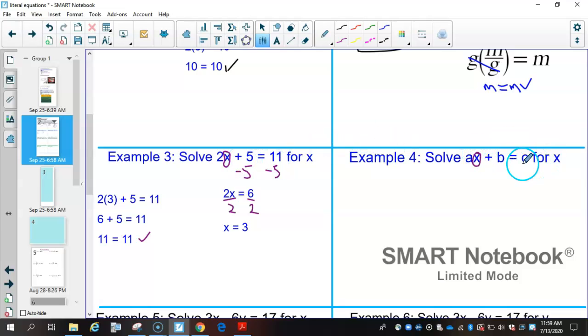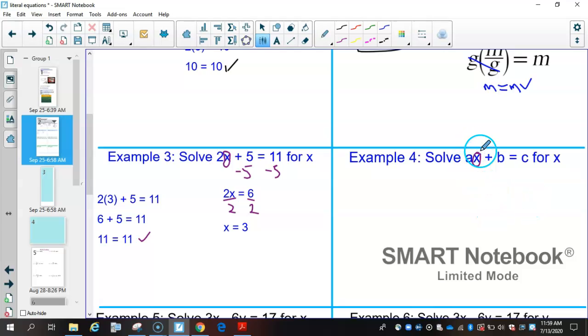I have a constant, but in this case, it's a variable, so it's a variable constant. That's a little weird. And then I have this answer. I don't know what A, B, or C are, and if we did know, then we could solve it for a numerical answer. But in this case, we cannot. We are just going to solve it as if it did have numbers in it.